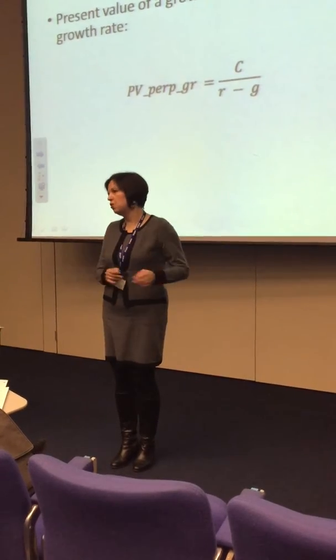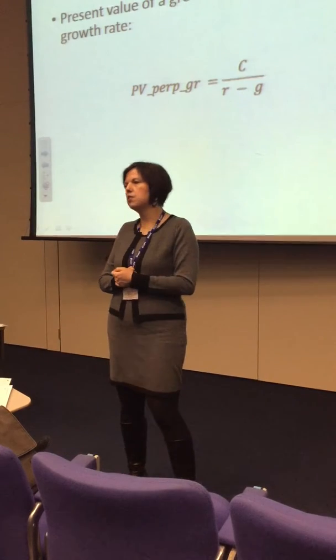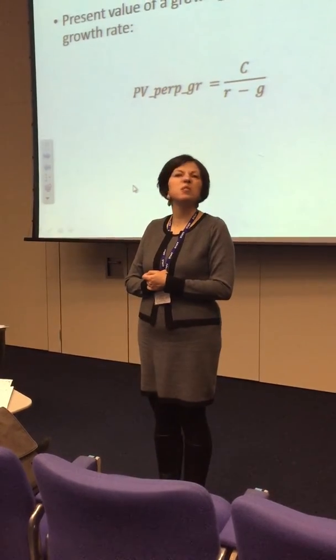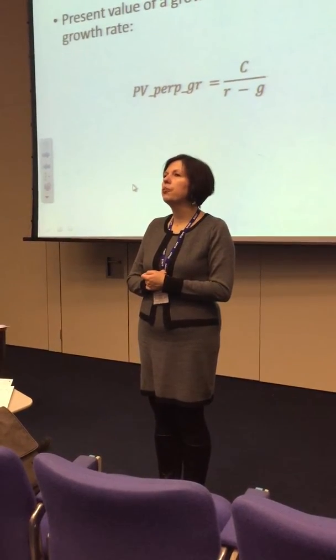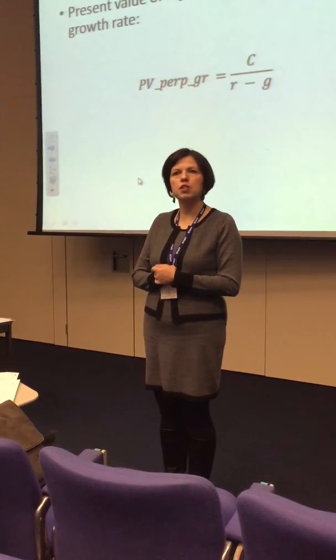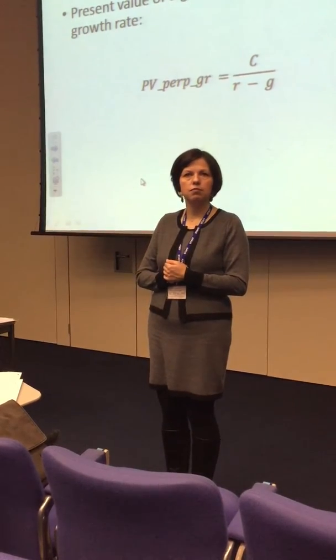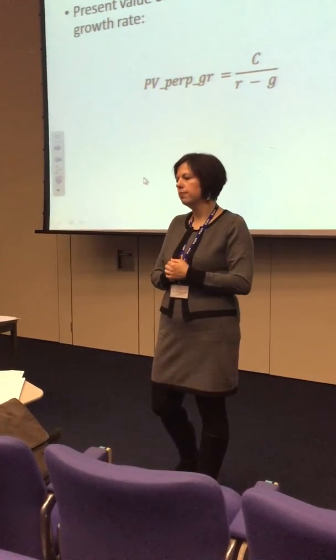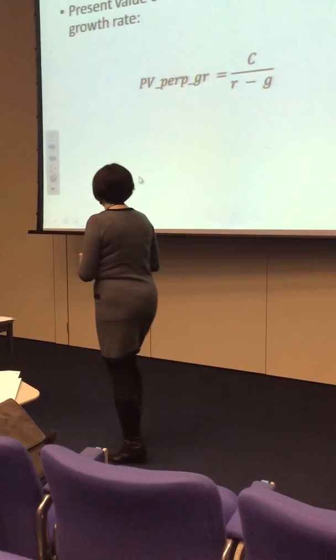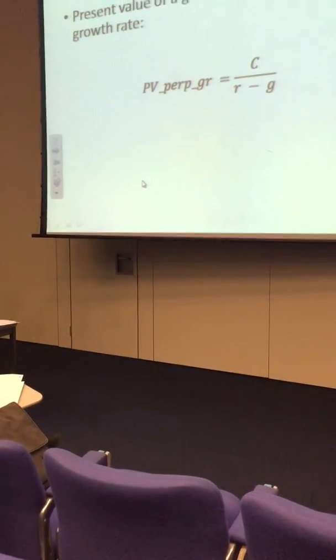I'm not planning to stop, so for as long as is feasible. But not only is that my promise, I also promise that I will be increasing my dividend by 2% every year, right? And this is when you would apply this formula, because here you also have a growth rate.